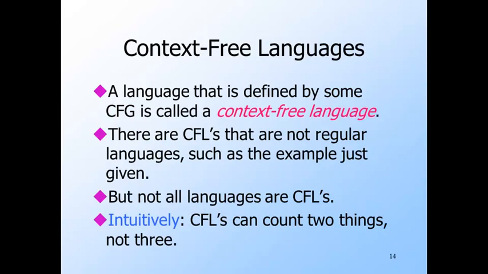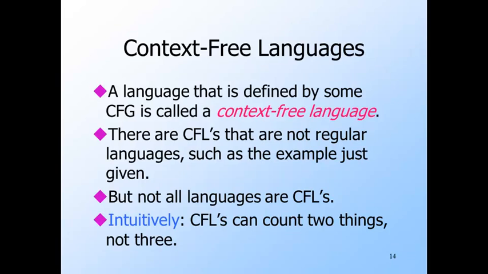The class of languages called context-free languages consists of all those languages that are defined by some context-free grammar. We now see that there are context-free languages that are not regular languages, such as the 0 to the n, 1 to the n example just given. However, there are languages that are not context-free, and the intuition is that context-free grammars can count 2 things, but not 3.